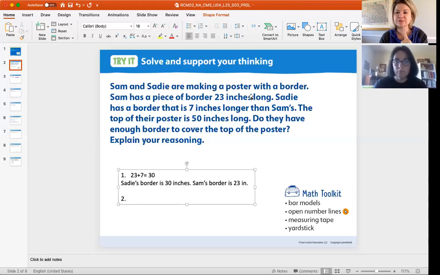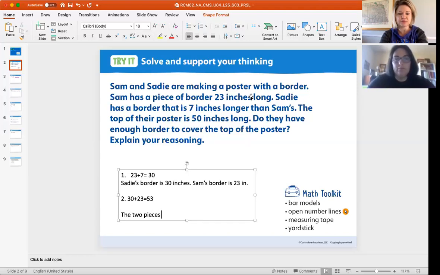So what we're going to do is take Sadie's length, which was 30, that's our answer, plus Sam's length, which was 23. We're going to add them together to figure out how much both people have together, okay? So 30 plus 23 equals 53.